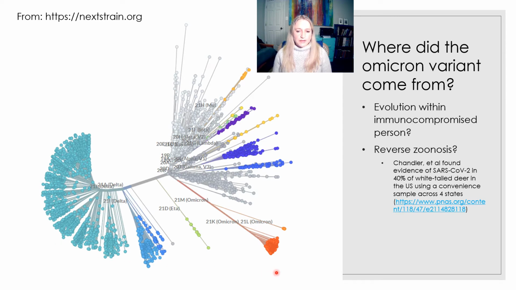So what you're looking at here in the dark orange, those represent the Omicron variant. Different mutations that are all part of a cluster that are categorized as Omicron. And when I looked at this, one thing that I noticed is that the Omicron are all very far away from all of the other variants that have been sequenced.